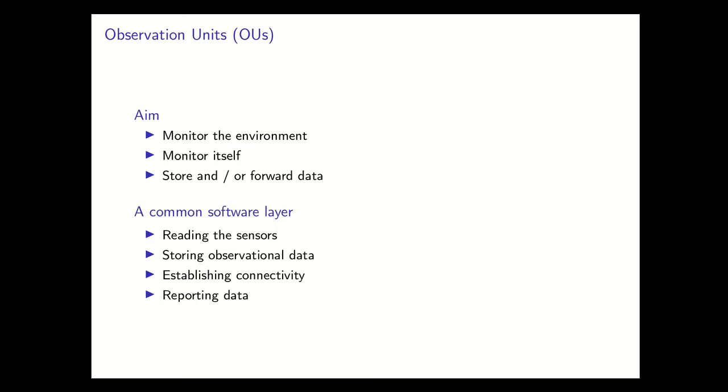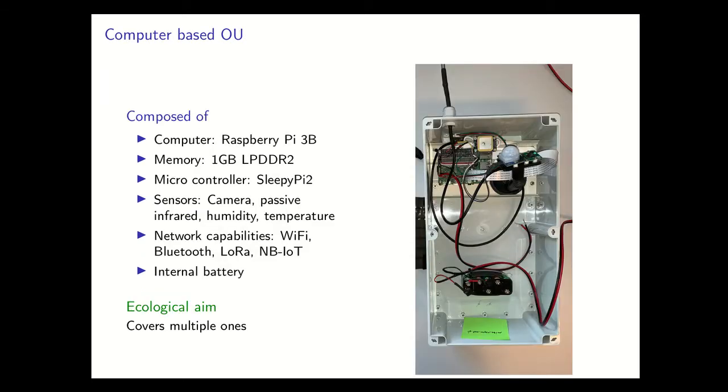Here is an example of a prototype of observation unit that we have built. It is composed of a Raspberry Pi 3B here, 1 gigabyte of memory, a microcontroller, a Sleepy Pi 2 here, a bunch of sensors, a camera, passive infrared sensor to detect when there is something passing by, a humidity sensor, a temperature sensor.